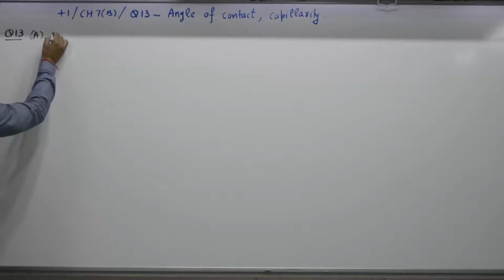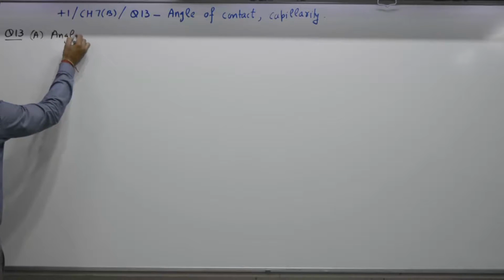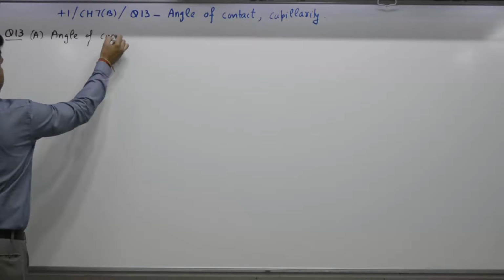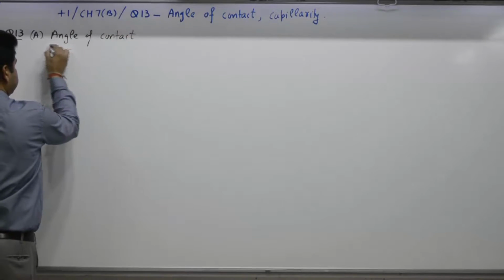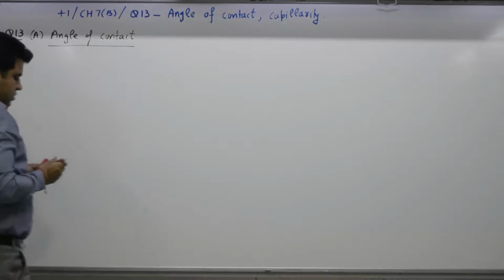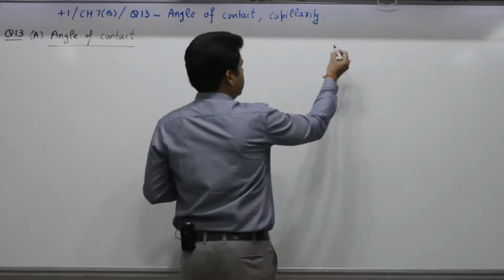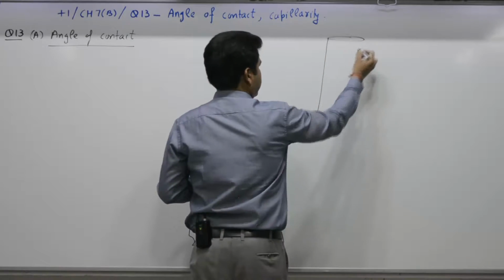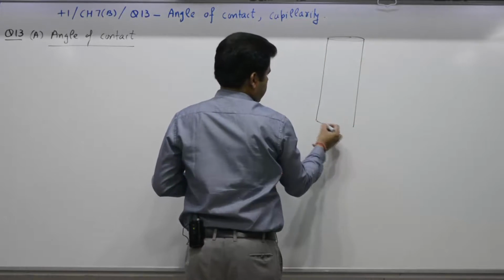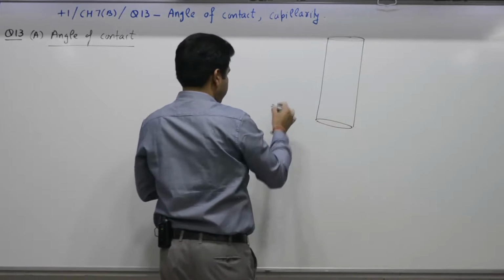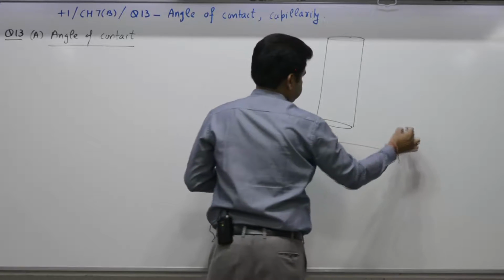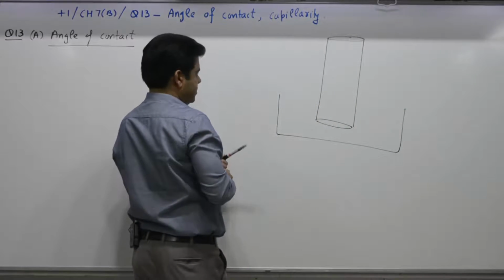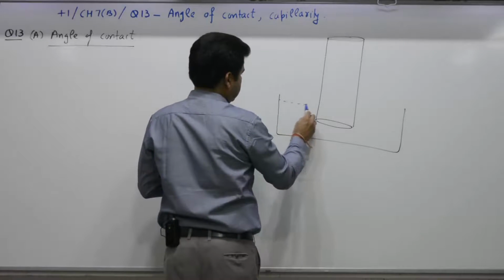A part deals with the angle of contact. Suppose you have a tube, you place it in a liquid, say in this case water.